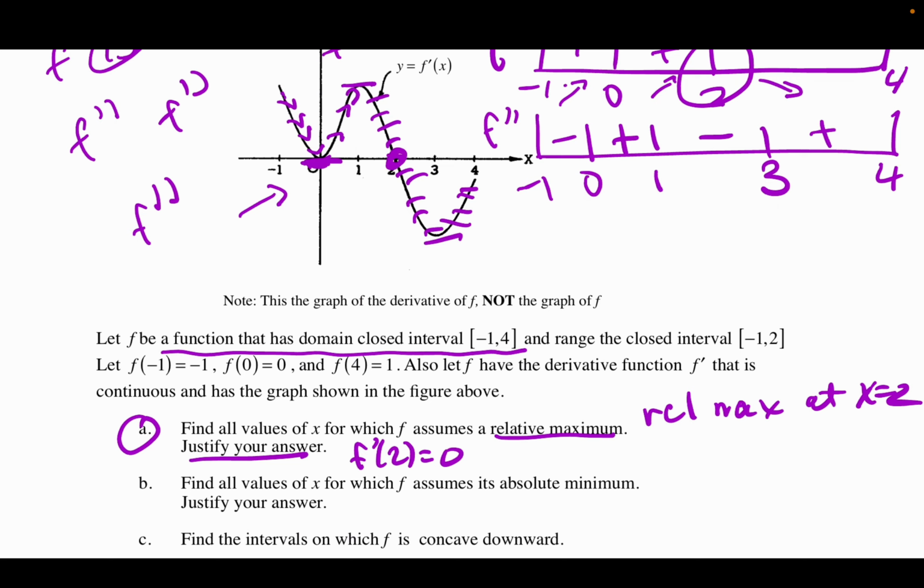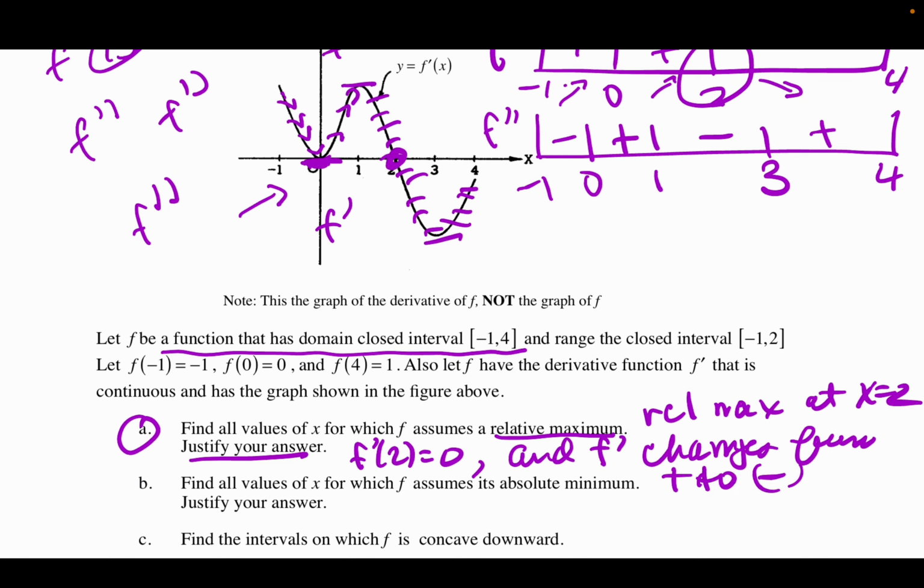Right here, quite literally, f prime equals 0, and f prime changes from positive to negative. I probably would write out the words on test day.